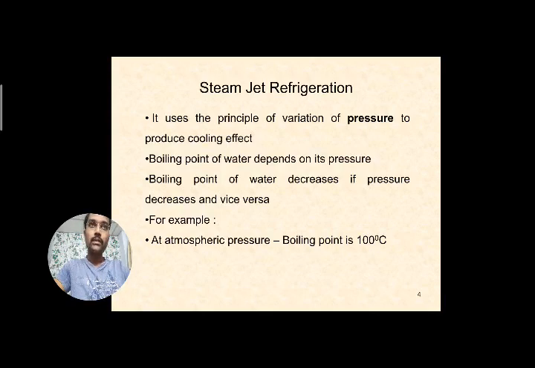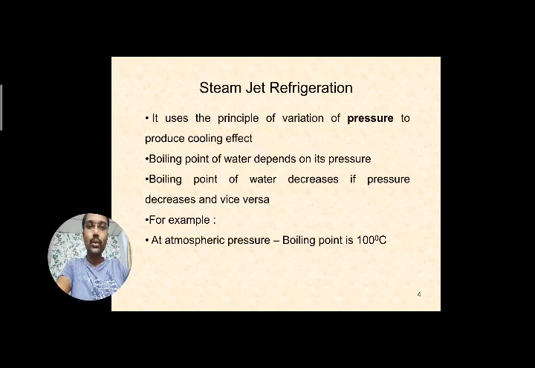For example, if you reduce the pressure to 6.5 centimeters, what happens to the boiling point? Generally, it reduces to some 10 to 15 degrees centigrade, and the water will boil.